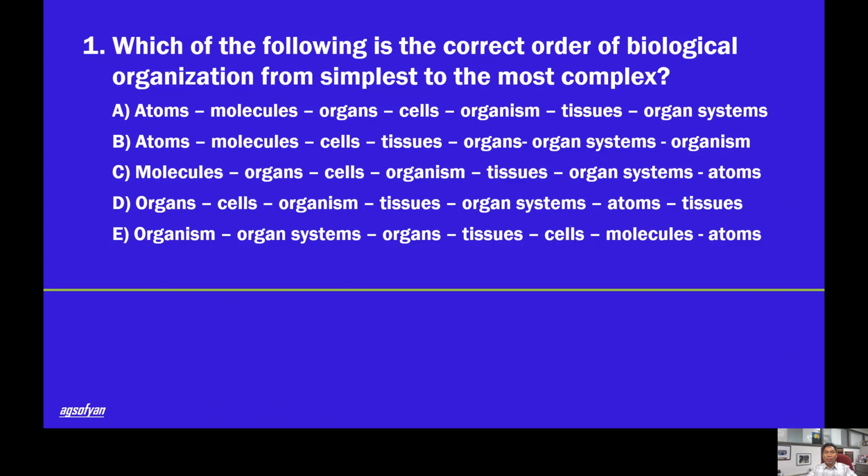C. Molecules, organs, cell, organism, tissues, organ system, atoms. D. Organs, cell, organism, tissues, organ system, atoms, tissues. E. Organism, organ system, organ, tissue, cell, molecules, atoms. So choose your answer.